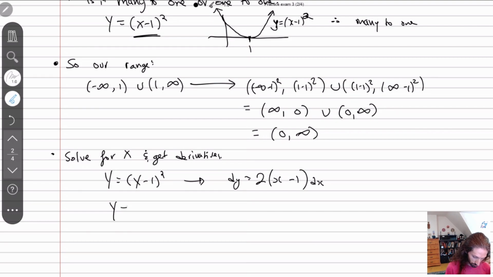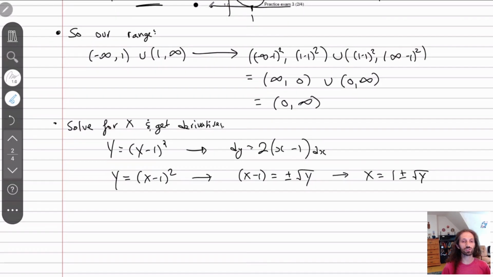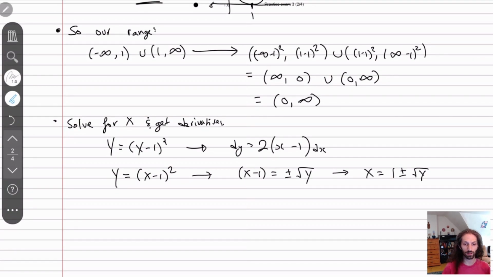And then let's also solve for x while we're here. What we have is x minus 1 is equal to plus or minus the square root of y, which implies that x is equal to 1 plus or minus square root of y. I'll show both of these because one is going to be more beneficial to us in the future.